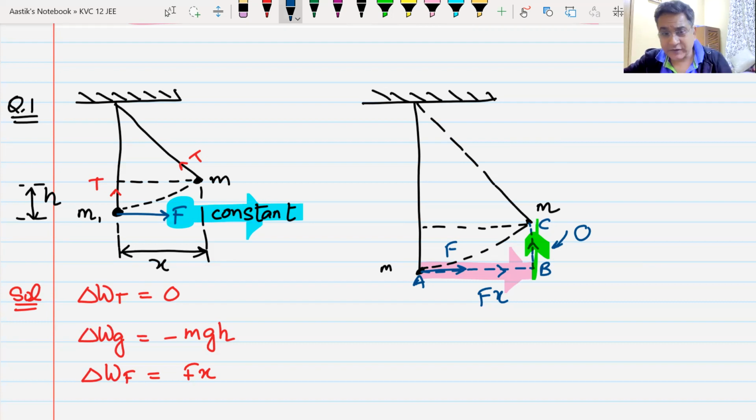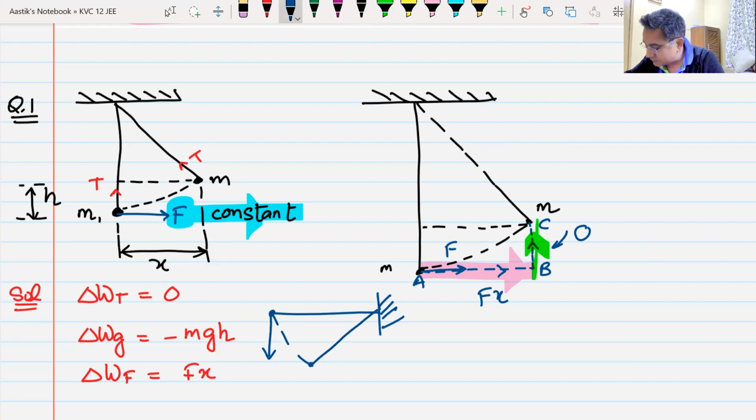Now, the simpler way of doing this is, if you turn this diagram by 90 degrees, your F becomes your gravitational force. If I turn the diagram by 90 degrees, the diagram looks like this. Your force F is here, and you move the object from here to here.